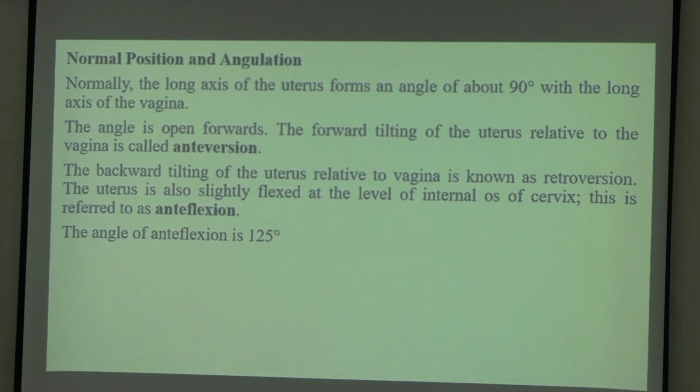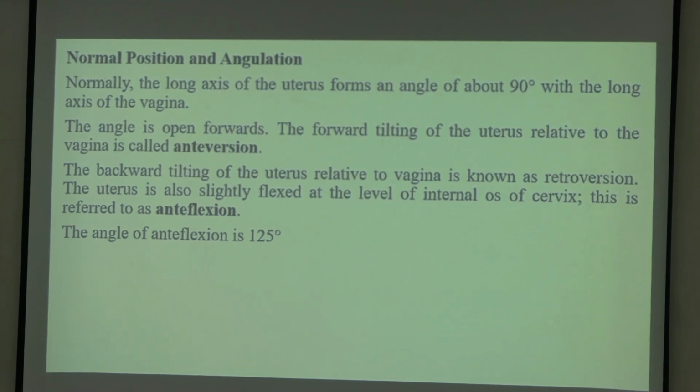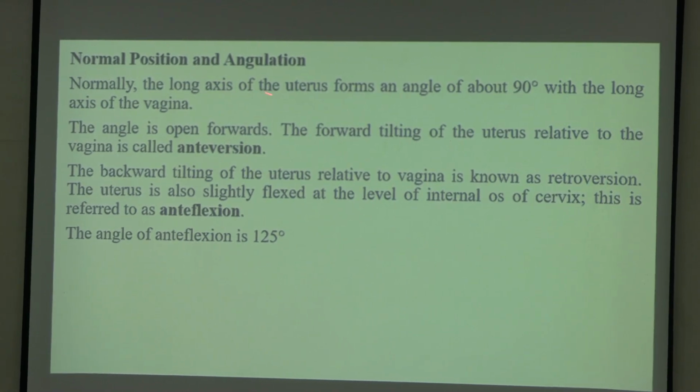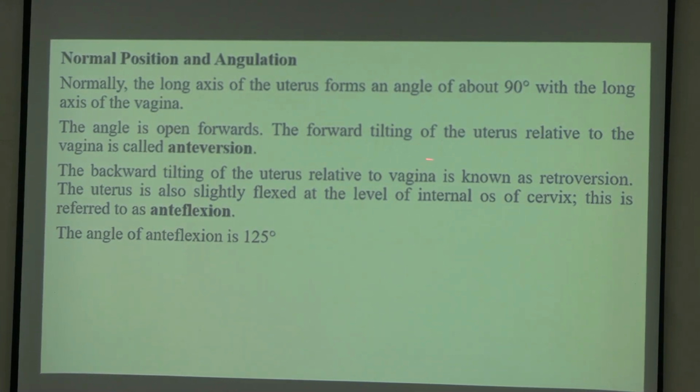The name of the angle is anteversion. Normally the axis of the uterus forms an angle of 90 degrees with the long axis of the vagina, and this forward tilting of the uterus relative to the vagina is called anteversion. This angulation is called anteversion.